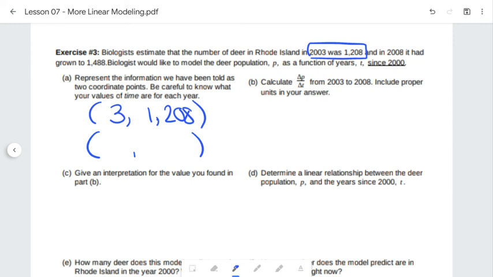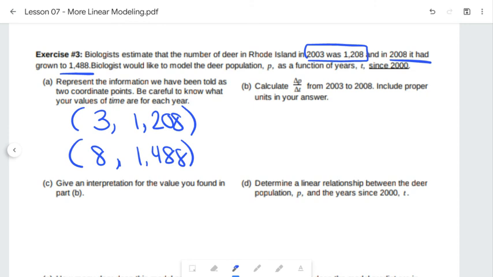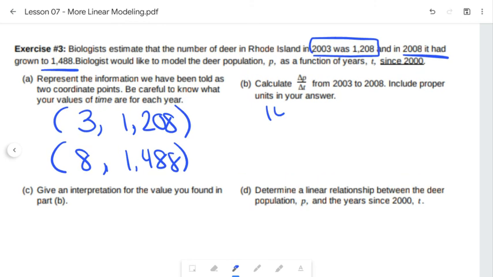Same idea for the year 2008. It had grown to 1,488. So years since 2000, that would be 8. And then we'd have 1,488. Now we can calculate the average rate of change here, right? The slope. Include the proper units in your answer. So remember, change in y over the change in x as long as you're consistent.